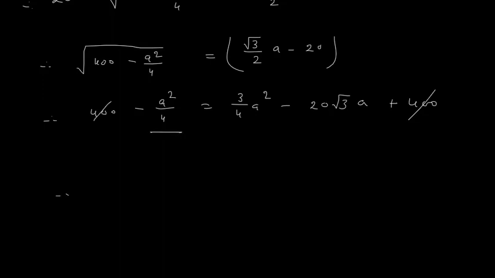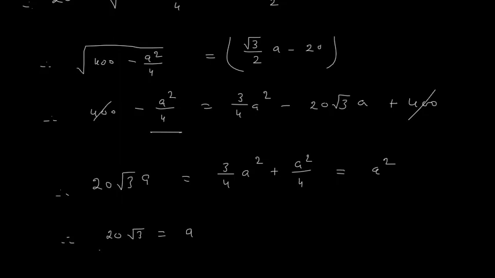This will go on that side and this will come on this side. So we have 20 root 3 times A is equal to 3 divided by 4 A square plus A square divided by 4, so this will become A square. Therefore I have 20 root 3 is equal to A. So the value of A we got is 20 root 3, therefore the value of 2A is equal to 40 root 3.